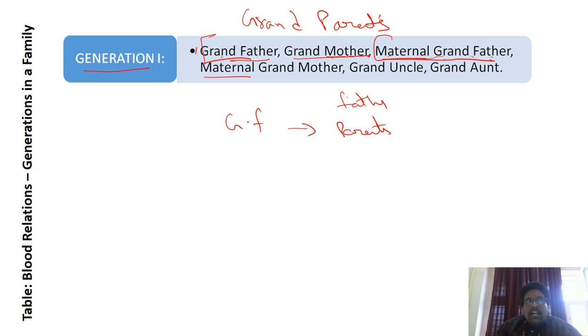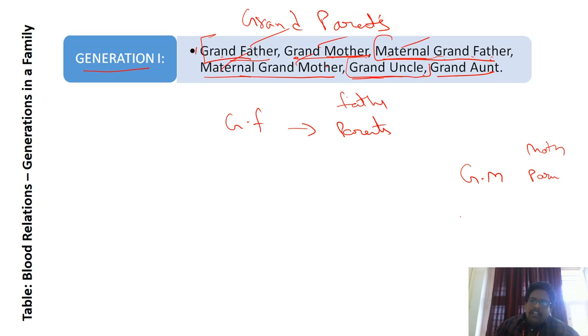Similarly, grandmother. In general, grandmother means parents' mother. But here, to be precise, maternal grandmother means mother's mother, and only grandmother is by default paternal, it's father's mother. Clear? So these are the four common elder people we have in our family. Apart from this, you can see two familiar or unfamiliar terms: grand uncle and grand aunt.